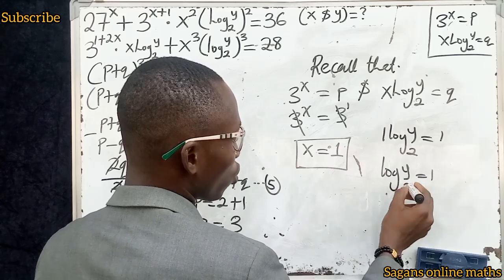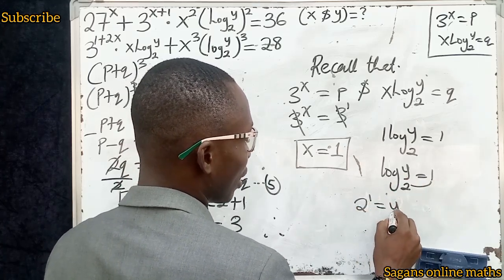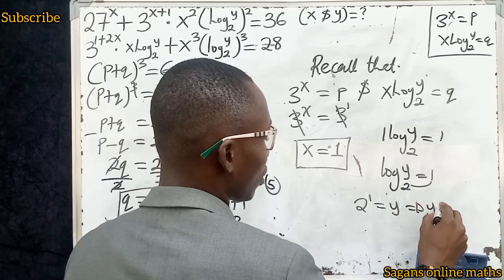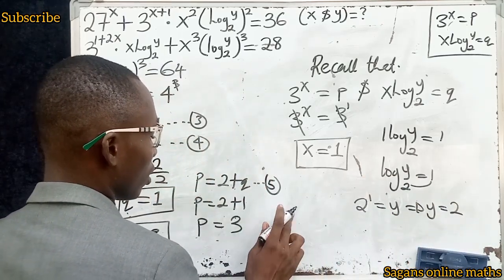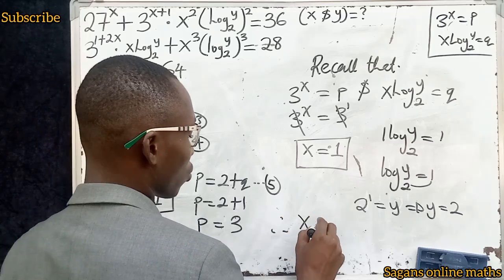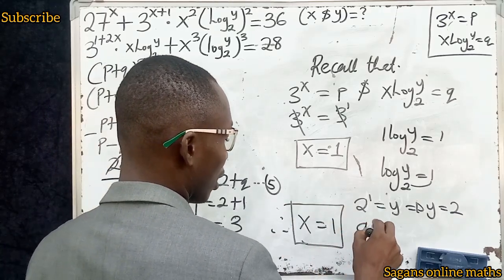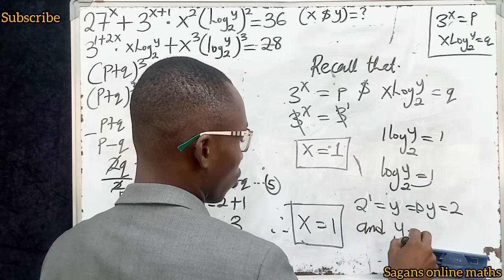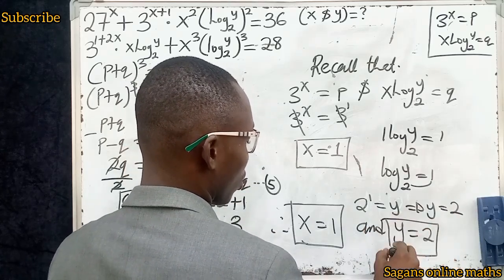And you know that 2 to the power of 1 will give us y. That means 2 to the power of 1 is equal to y, and this implies that y is equal to 2. Therefore x is equal to 1, and our y is equal to 2. So this is the solution to this particular problem.